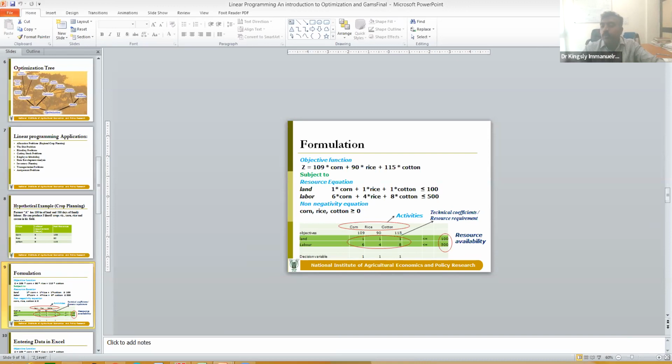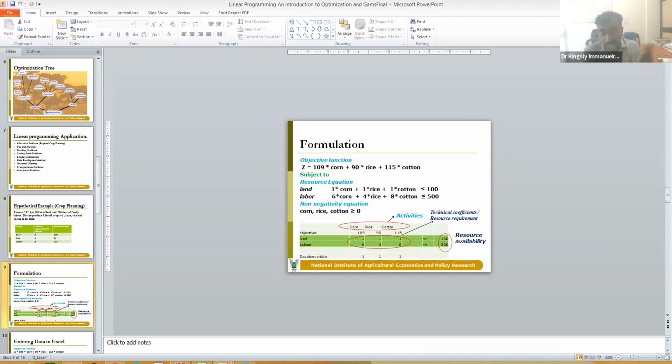Now you don't bother about how much the area of corn, rice, or cotton is. Only remember that total revenue from the farm is equal to the sum of the product of price or net revenue times area under the crop. That's the simplest formula that we know from the beginning. So I have written it here, without specifying the area under each crop.